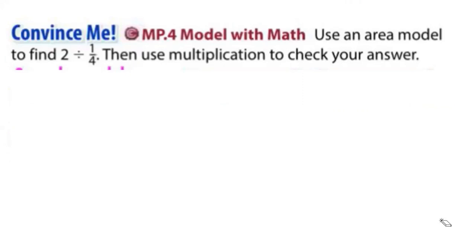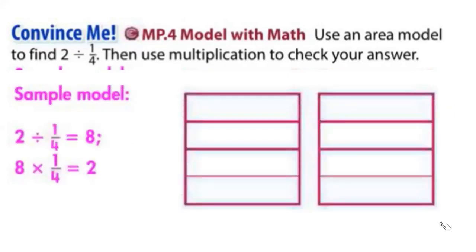So I will draw 2 models and divide each one of them into 4 equal pieces, 1, 2, 3, 4, as you see in front of you. And we will divide the whole number 2 by 1 over 4. That's like asking how many fourths are there in 2. You can count the number of fourths inside the 2 models. You will find them 8.